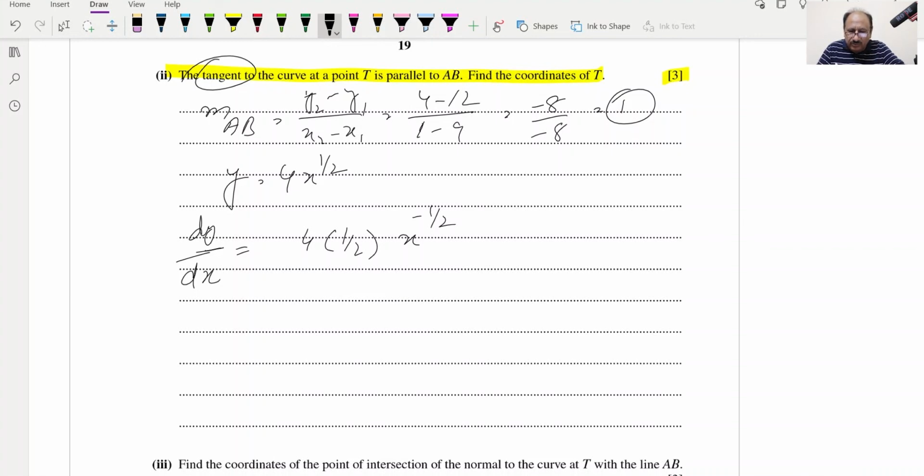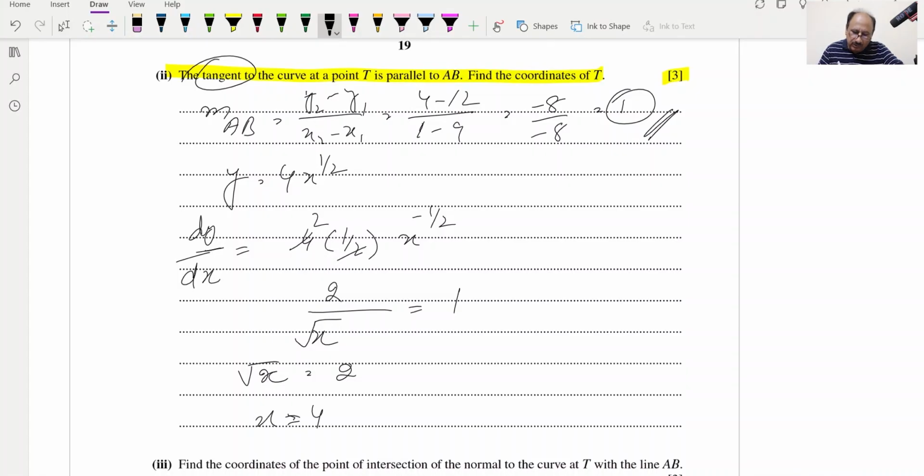So we can first cancel this. So it will be 2 over x raised to the power 1 by 2, or x under root, and this is equal to 1, which we have just found over here. So we can cross multiply. Under root x is equal to 2, so x will be equal to 4.